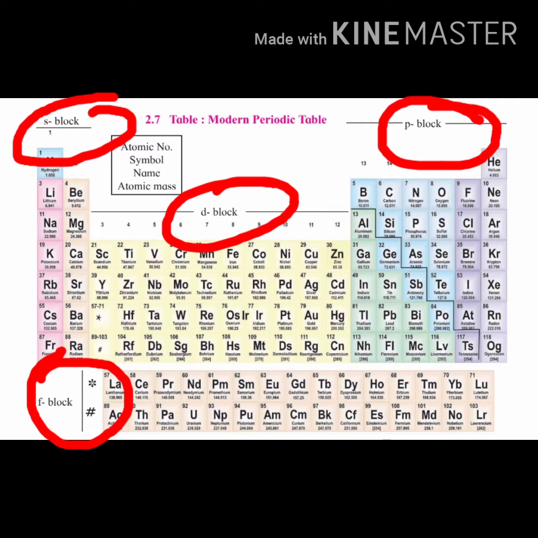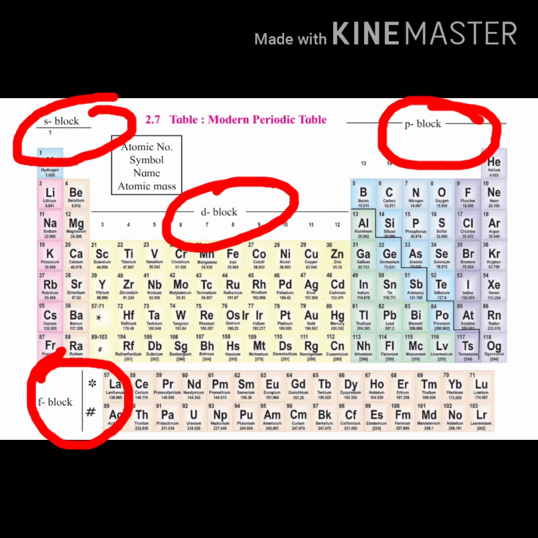Then is the P block, that starts from 13 to 18, the right side one, and in between, from 3 to 12, those are the D block. D block elements are also called transition elements. And F block, those two rows down, lanthanides and actinides, are considered as F block.